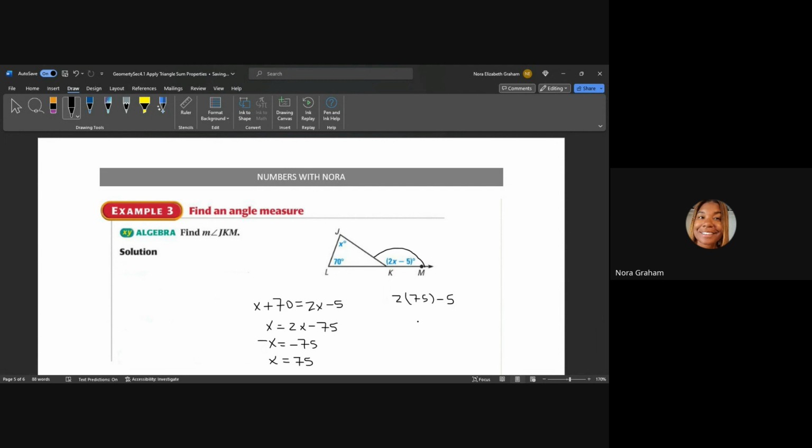So 2 times 75, that's going to give me 150. 150 minus 5, that's going to give me 145. All right. So to answer this one, that exterior angle of that triangle is going to equal 145 degrees.